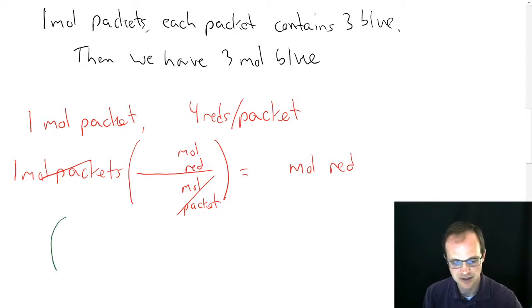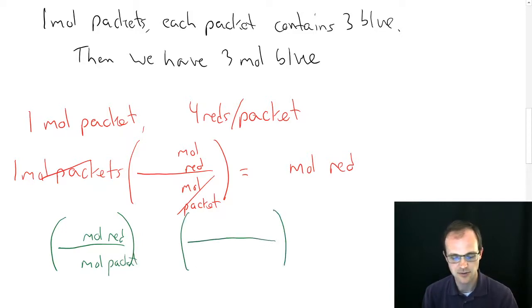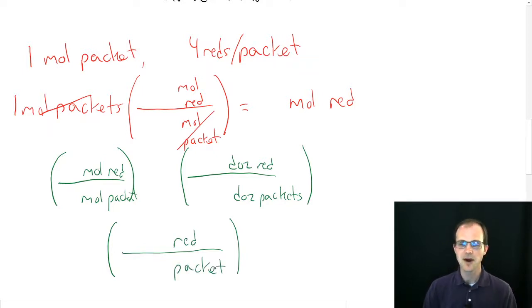I mean that if we have these conversion factors and we're looking for moles of red over moles of packet, we can think of it in a different way, which is dozens of red for dozens of packets, and in fact we can even think of it just like this. How many red per packet?